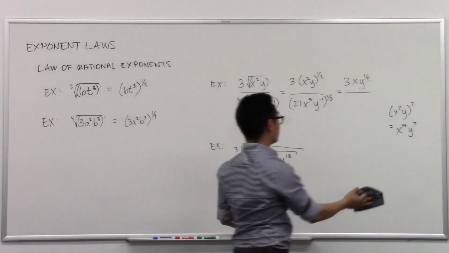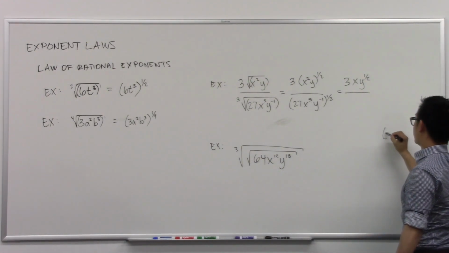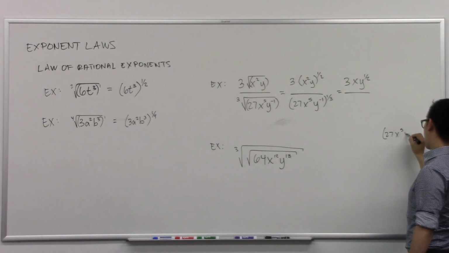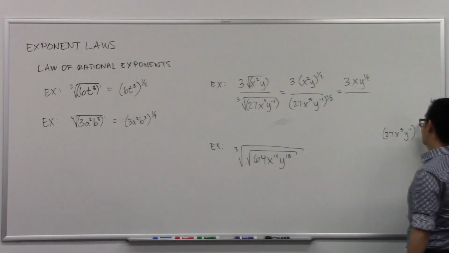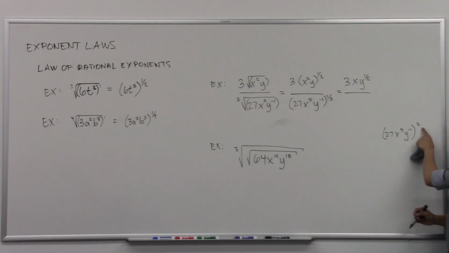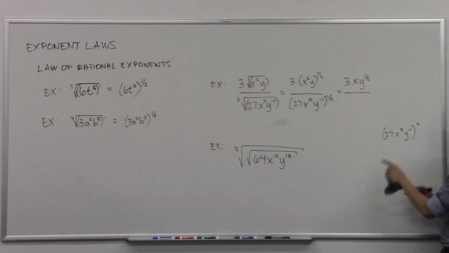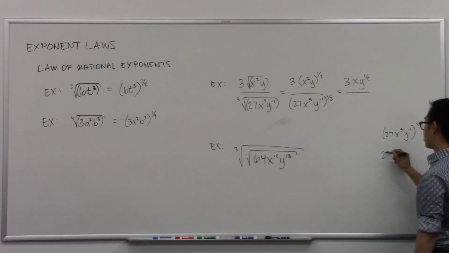If I gave you 27 x to the 5, y to the negative 1 to the 2, what would you have done? You would have applied the square to the 27, applied the square to the x to the 5, applied the square to the y to the negative 1. Well, that's not going to be any different. So you would have thought of what's 27 squared.